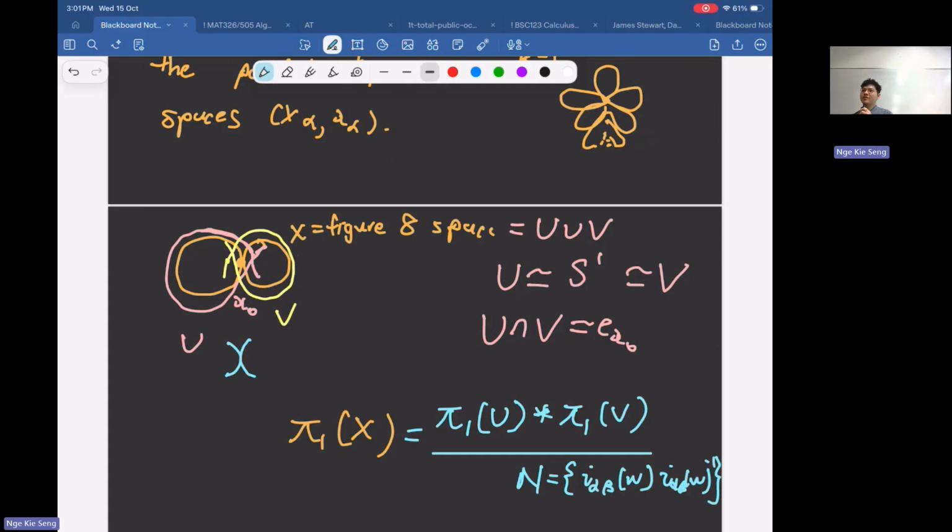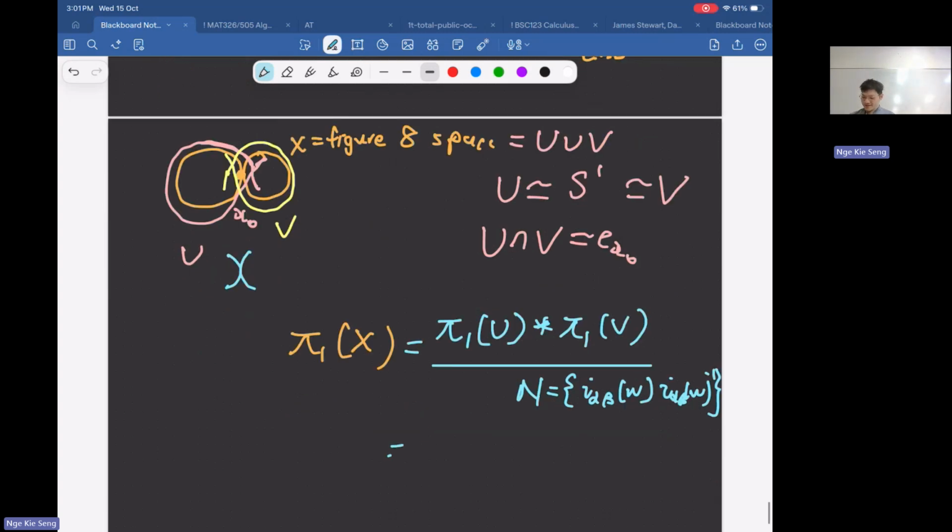Trivial. Very good, you divide by a trivial thing. So what's left is pi 1 of U free product with pi 1 of V, which is just Z free product with Z. This is one of the groups you will see in your assignment. Make sense?